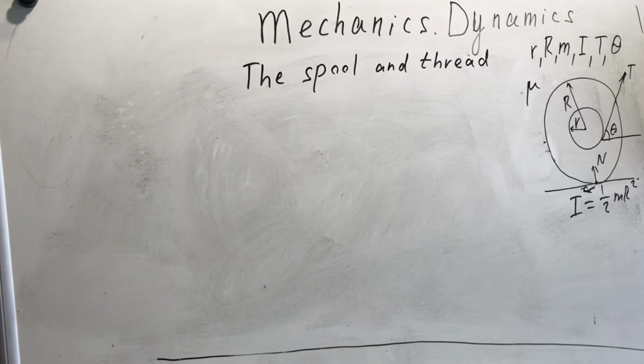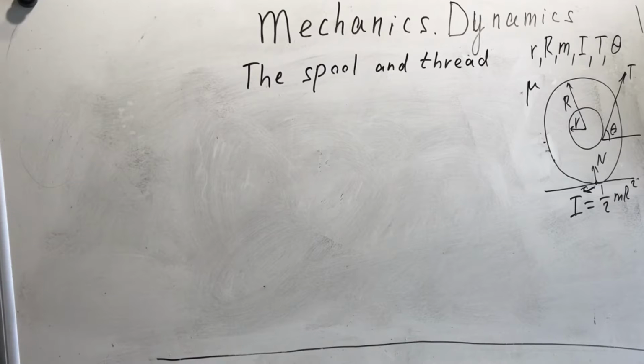And the other thing is that we know if this tension is small enough, there will be no sliding, and if it's big enough, there will be sliding. So we need to investigate these two cases. Suppose that T is small.